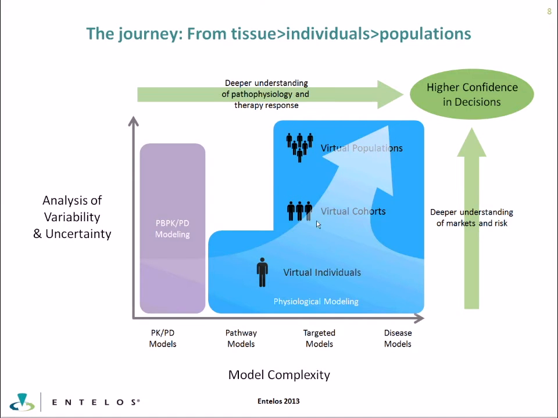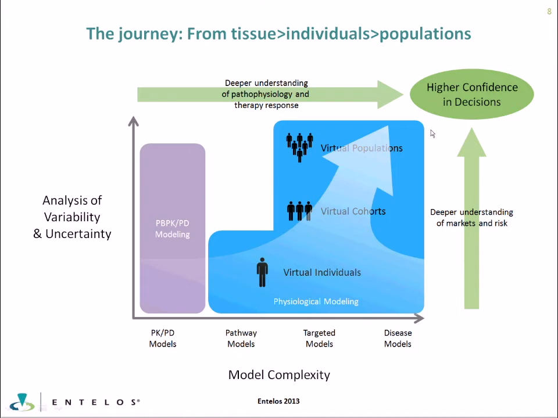In addition to model size and complexity, our customers are investigating and investing in larger cohorts and population technology with larger disease models. By generating virtual cohorts and populations, research groups can test different hypotheses more rapidly, as well as understand how the market may respond to a therapy.